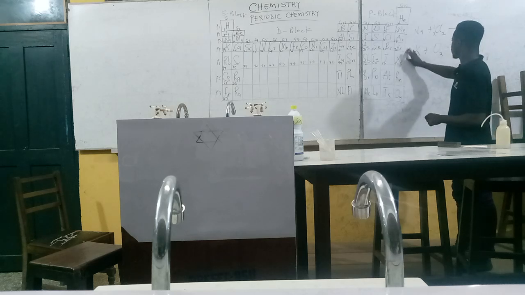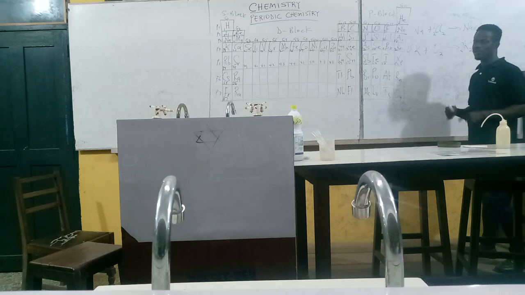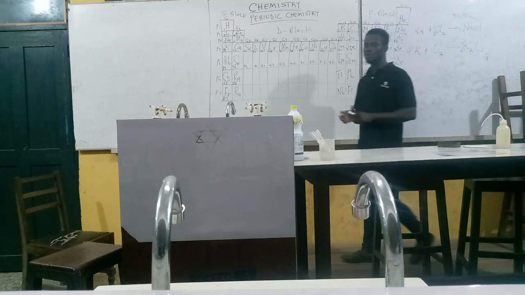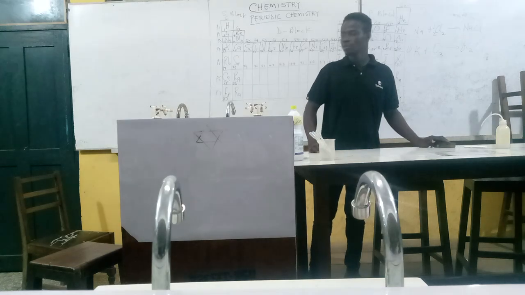So let me bring 2 here, and this is 2 here. So if I bring 2 here, it becomes 4. So you can see from here that this is a reactive metal from group 1 reacting with a non-metal, and it has formed this oxide. So they react to form oxides, basic oxides. So these are some of their reactivity.